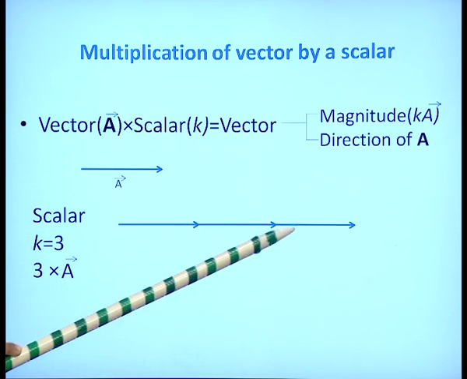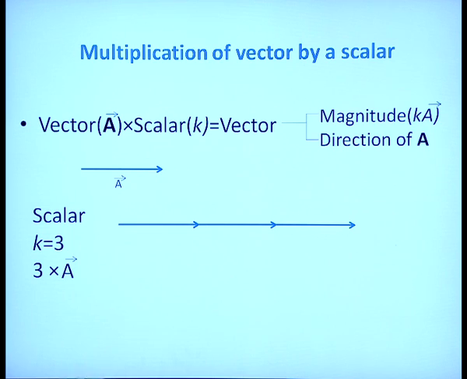Its magnitude is 3 times that of A and direction is the same as vector A.